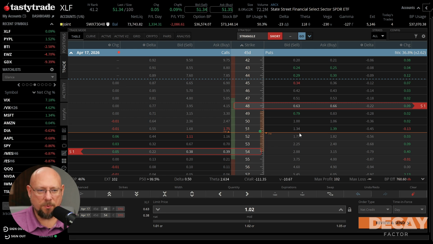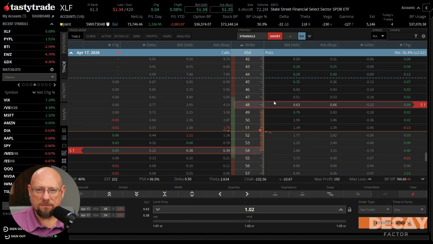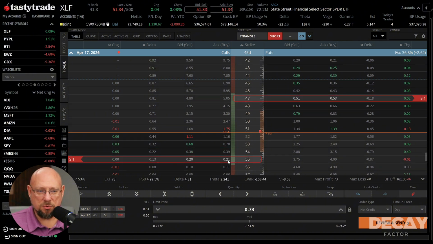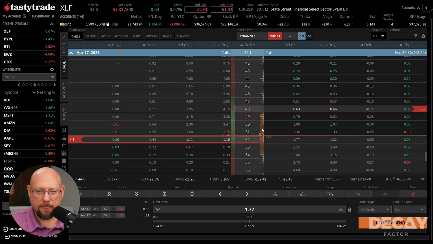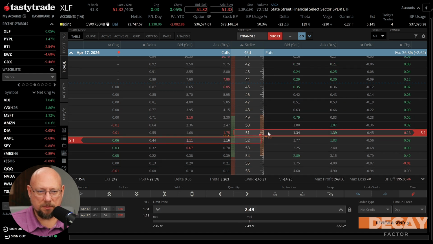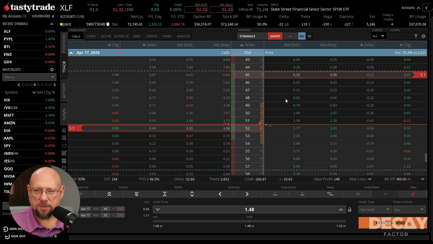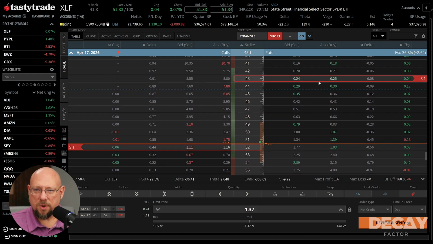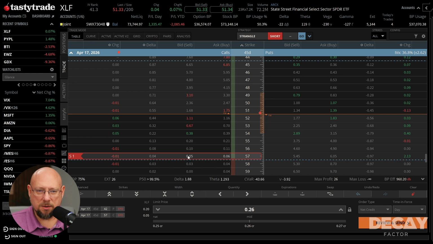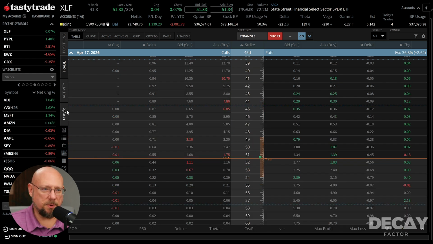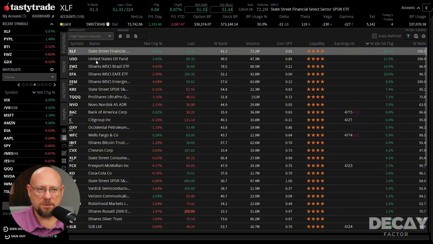Why is the pop less than 50 for this trade? I don't know the answer to that. Very interesting. If we go out to the 21 delta here and 20 delta here, you can just see there's still not enough premium here. I didn't think it was going to work out for one reason or another.